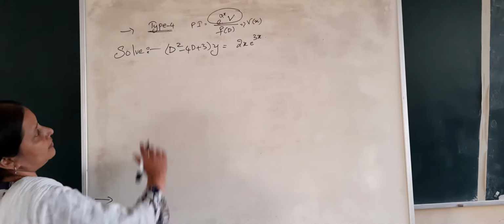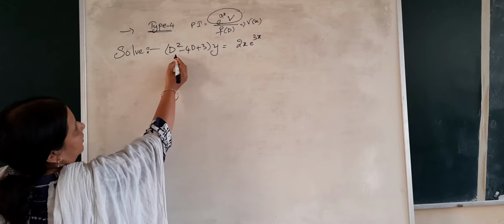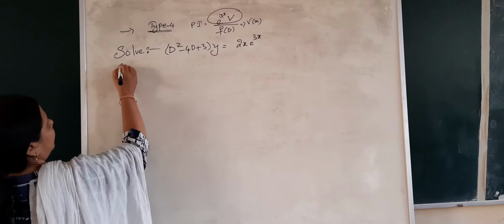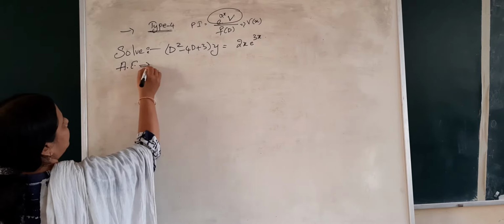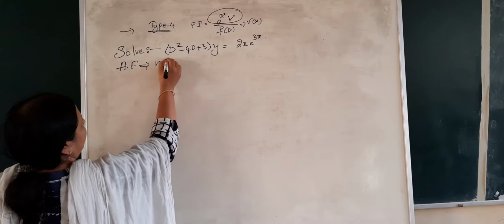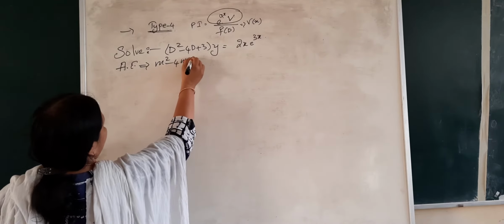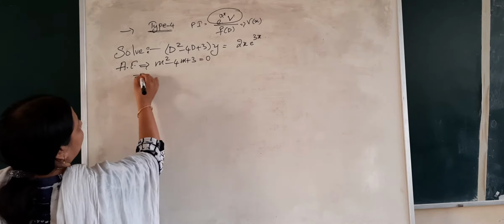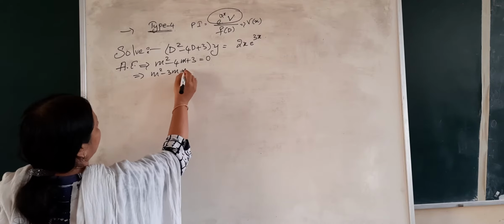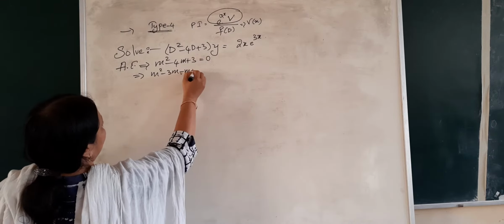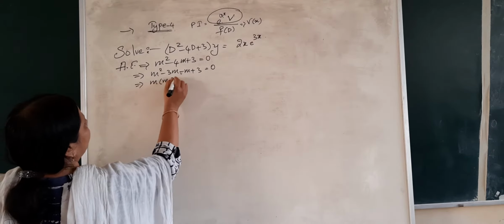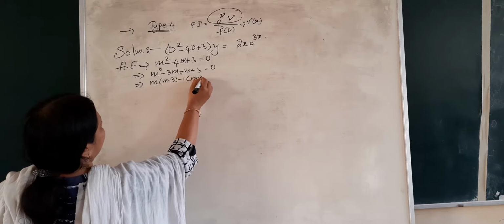The first part is, as usual, to find the complementary function. The first step you don't have to write because the given question is already in the operator form. So going with the next step, that is to frame the auxiliary equation for the given question: m square minus 4m plus 3 is equal to 0. Applying the splitting of the middle term, we get m square minus 3m minus m plus 3 is equal to 0. m into (m minus 3) minus 1 times (m minus 3).